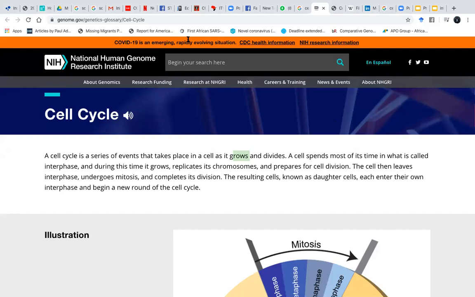So like I said, cell cycle encompasses mitosis and other key steps. But the stage during which there is the longest phase is the one that we spend the most time in.